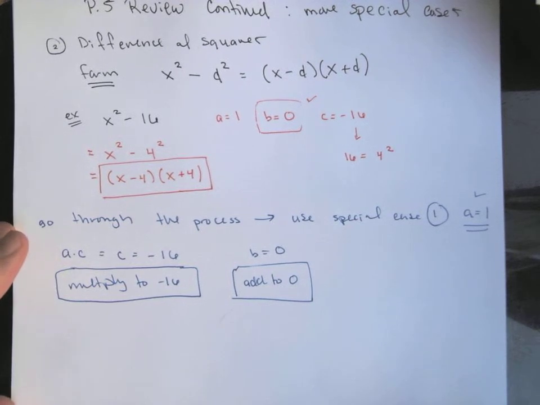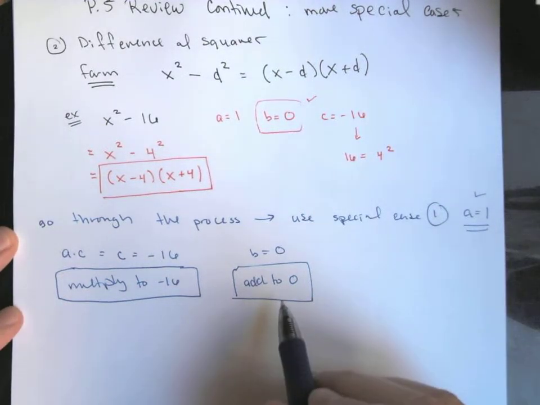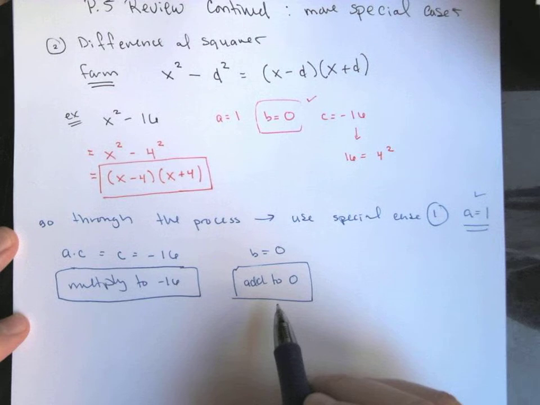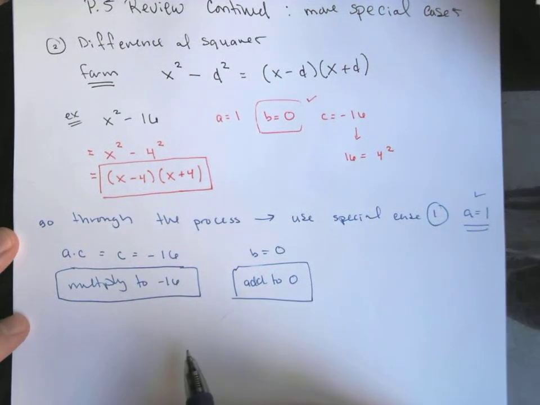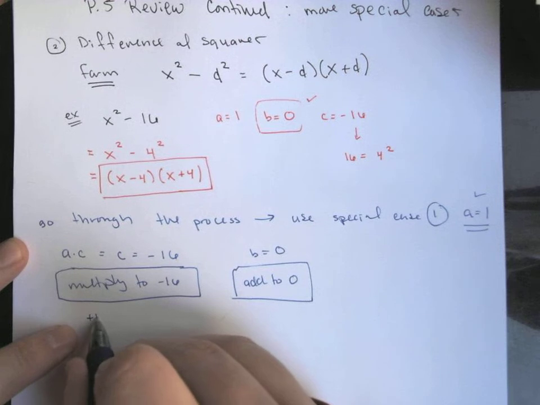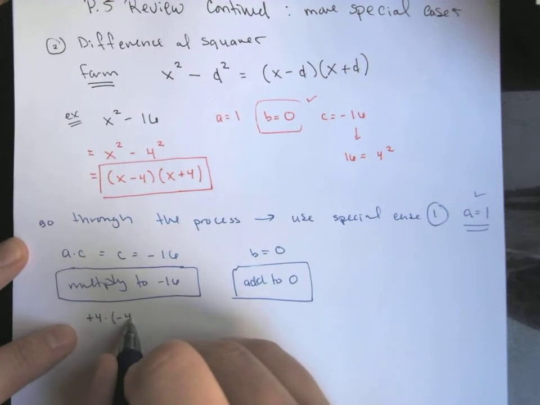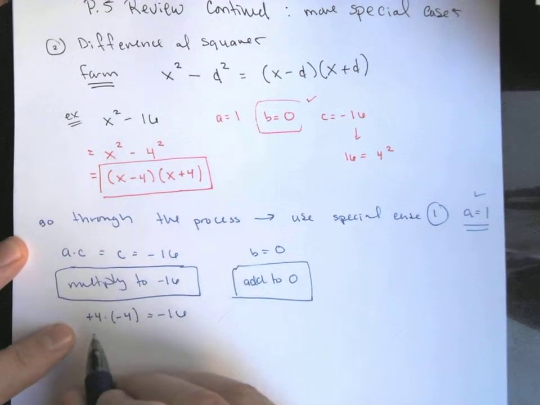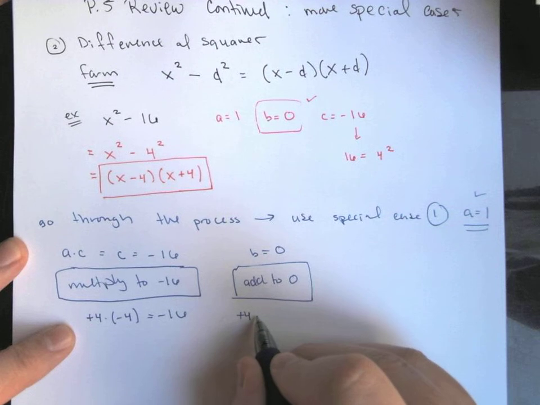Anyway, so what's important here is that you're going to add to 0. So the only way to have that work is if you're going to add up positive and negative versions of the same number. They have to cancel each other out. So without really thinking too hard about this, the only way this makes sense is to use plus and minus 4.